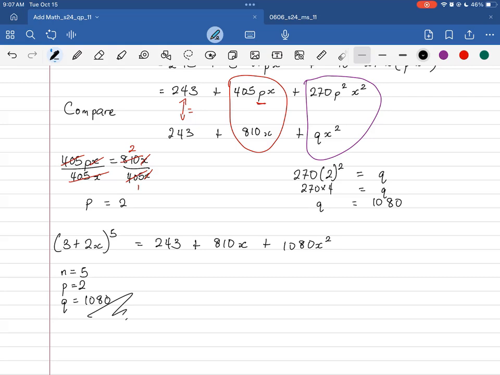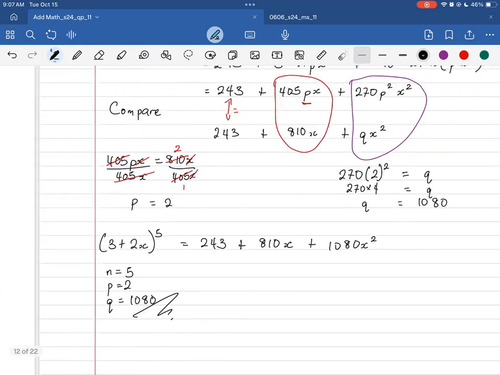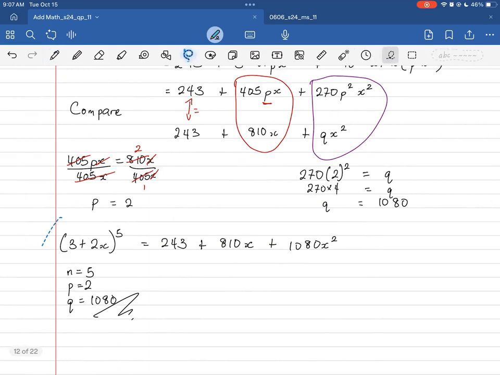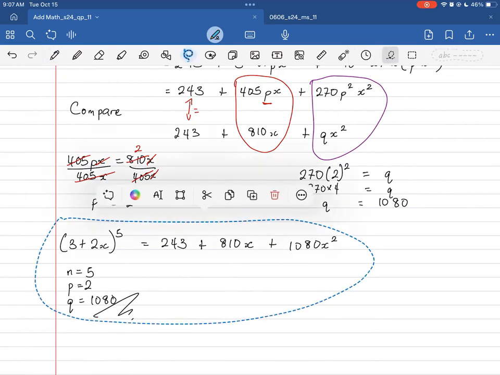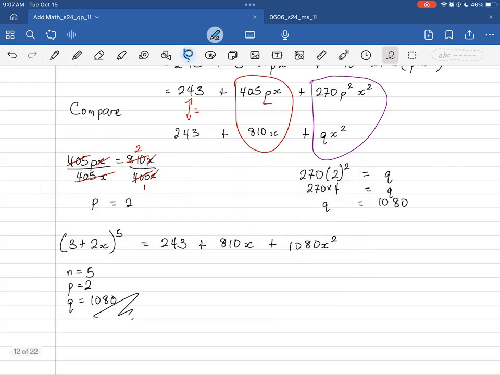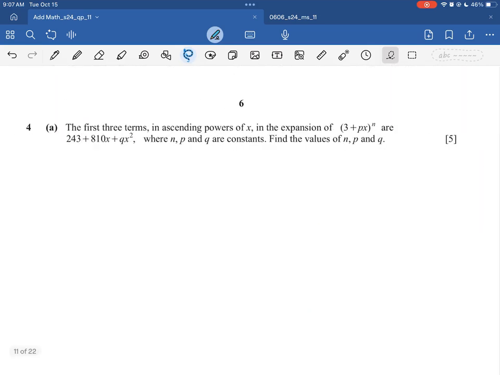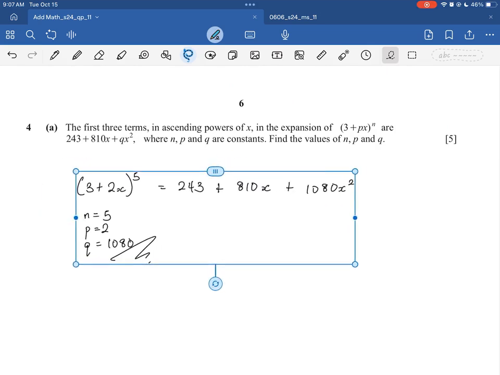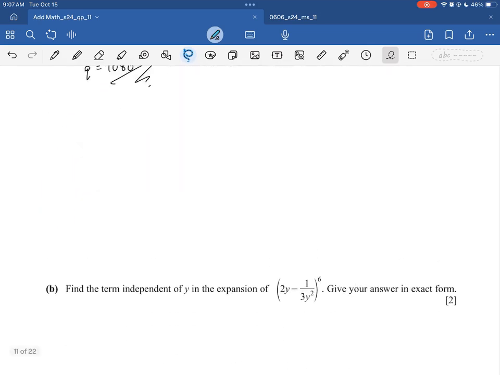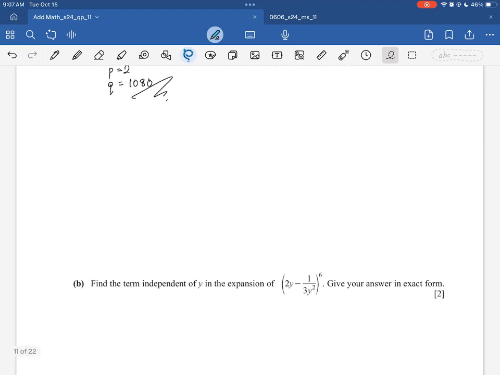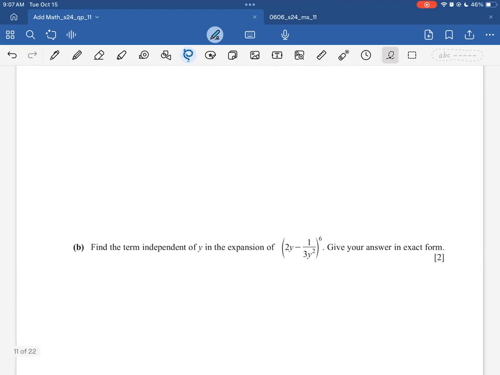Now, we can transport this here, so you have it all in one page. Now your next question says find the term independent of y in the expansion of 2y minus 1 over 3y squared, raised to the power 6. Give your answer in exact form.